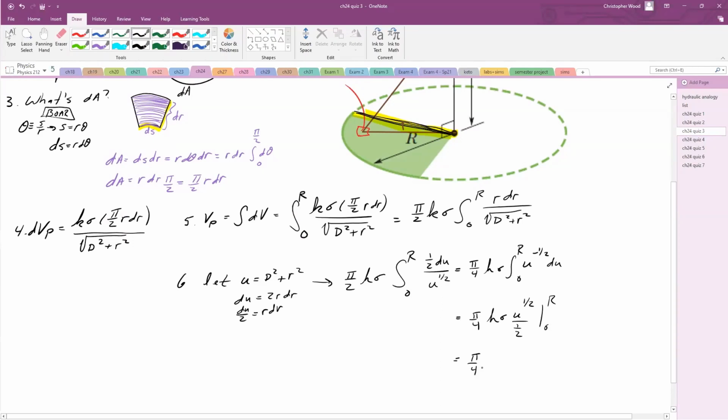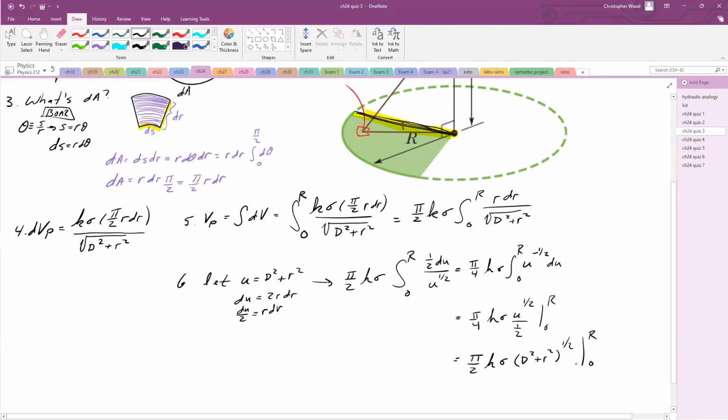Pi over 4 k, this would be pi over 2 k sigma u to the 1/2. U is d squared plus little r squared to the 1/2 from 0 to r. Okay.